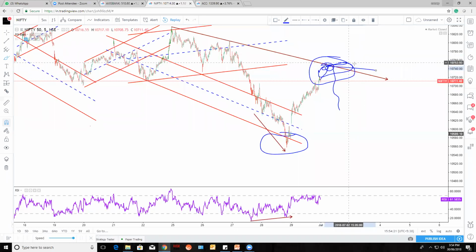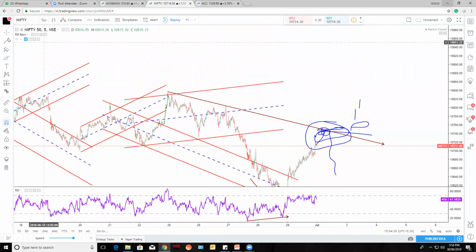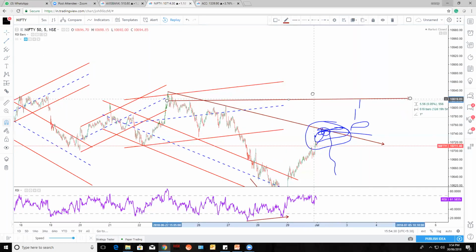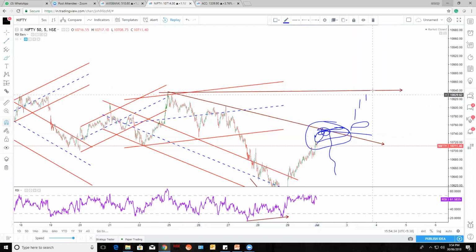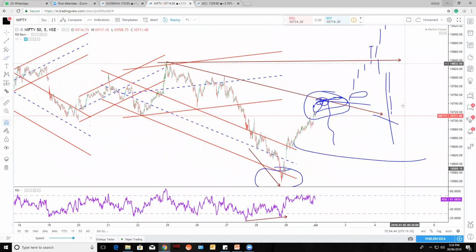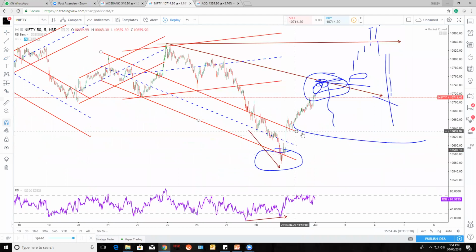Once it opens gap up, we can see further. We may buy up to this high. After that we can look for a sell setup. Otherwise, if it is breaking with volume, we can look for another buy. If it is not, we will look for a sell at least to this level, or else this level, or else this level, this channel low.